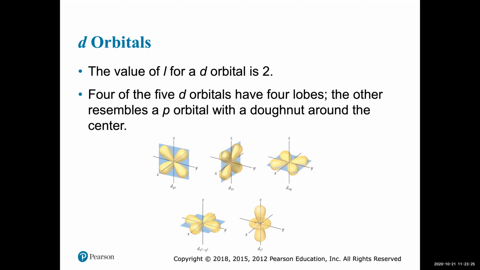And then we have one where the lobes are in between as well. And then the final one is that last one that has two lobes, and then it has kind of the donut looking thing around the center. So 5 orbitals, 4 of them have the 4 lobes, and then 1 of them has the 2 lobes with the donut looking center.